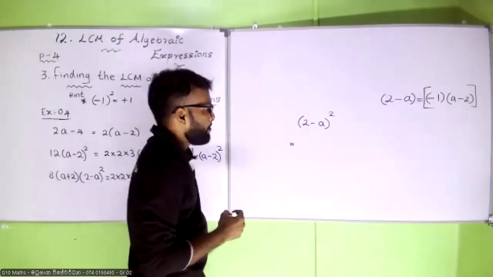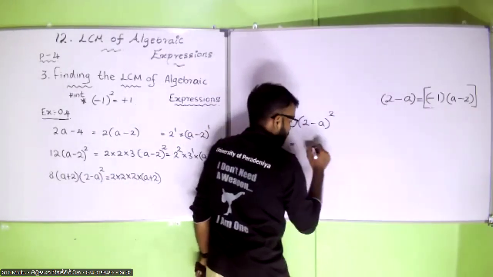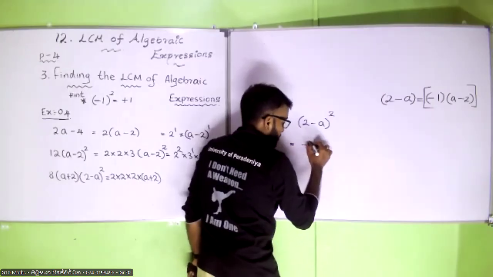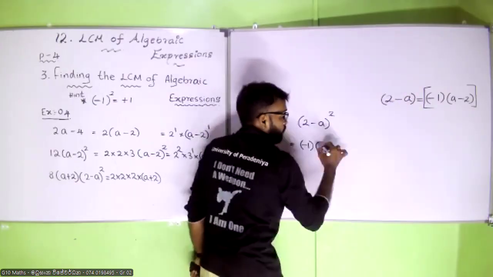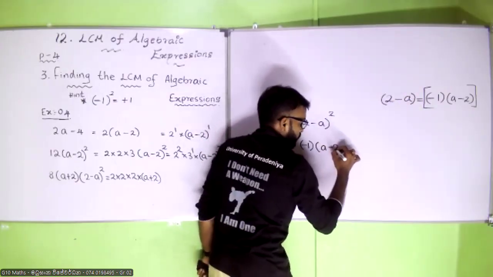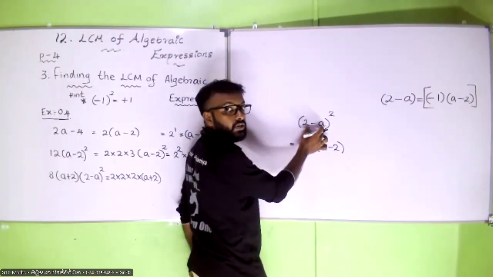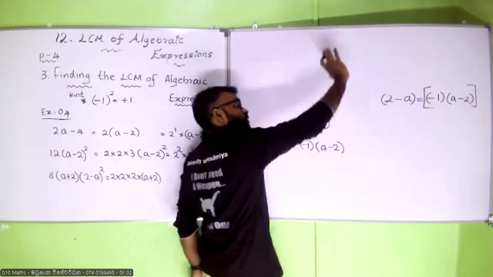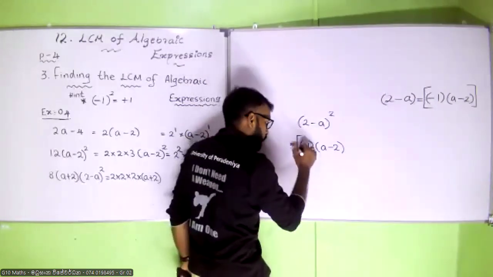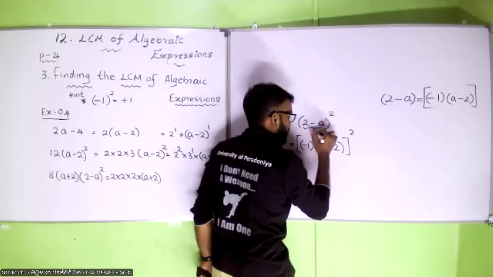Instead of this, now I can write minus 1 times a minus 2, instead of 2 minus a, right? Whole thing to the power 2. Only this part can be represented like this.